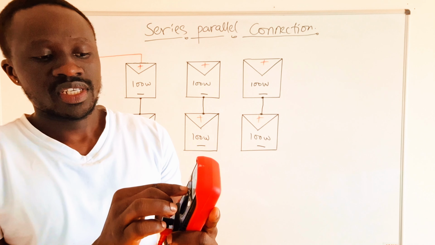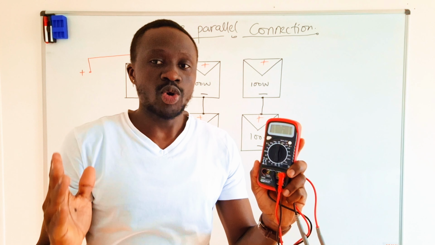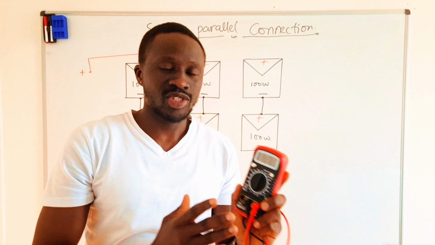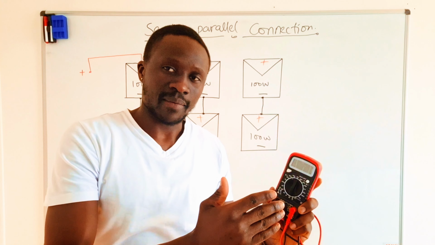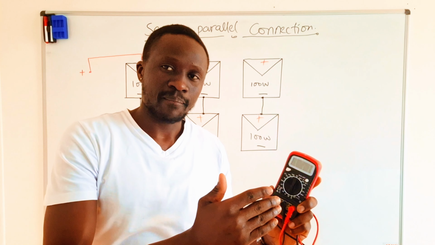This is DC. You measure it in DC, not AC. When you're measuring your power from the panels, measure them in DC using your multimeter. Don't measure in AC. The only machine which converts DC to AC is the inverter, where we shall go after.